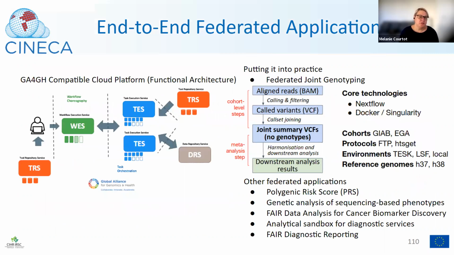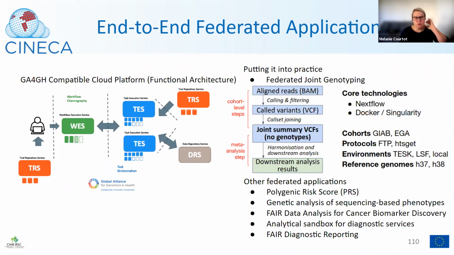So this session is really about end-to-end implementation. And one of the things that we've been able to do really efficiently using synthetic data was implementing federated applications such as the federated joint genotyping done by my colleague Kirill at EBI.